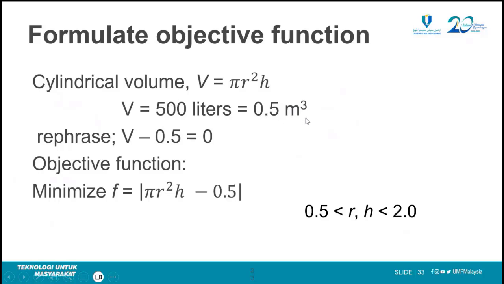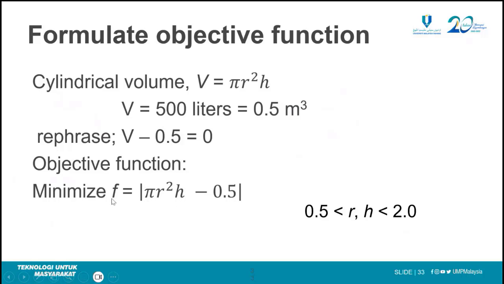So now we can rephrase this function: V minus 0.5 equal to 0. So the objective function will be V minus 0.5, where V is pi r square times h, minus 0.5. So we put in the absolute value.